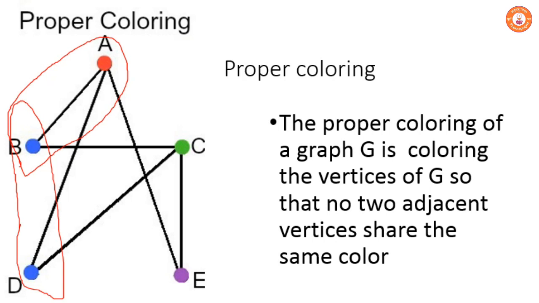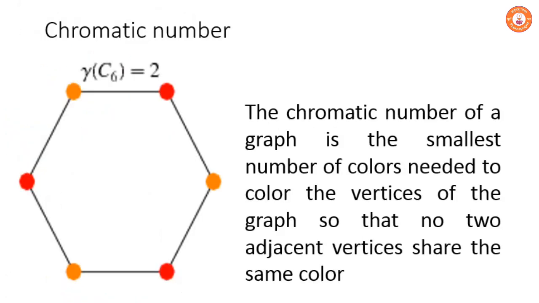When there is an edge between two vertices. If there is no edge between two vertices, they are non-adjacent vertices. D and E, though they are non-adjacent, can have different colors also. Now see this graph.